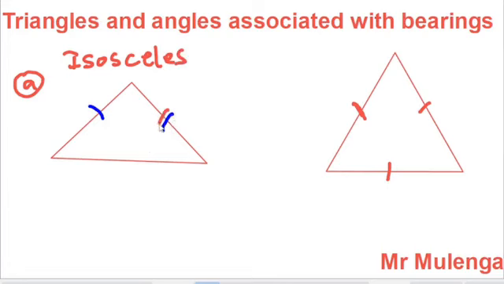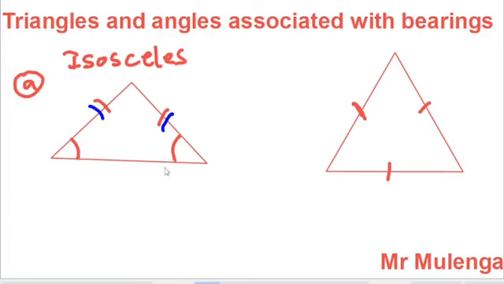These marks are saying that the side from here to here is equal, and again from here to here it's equal. Then in terms of the angles, the angle which is here is equal to the angle which is there. You need to know this property because at times in bearings, they can give you a triangle.